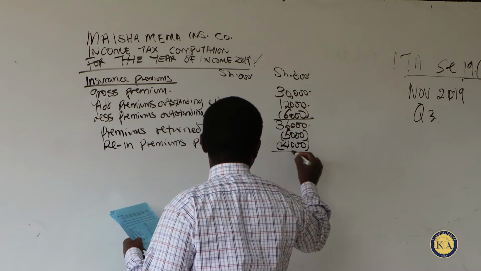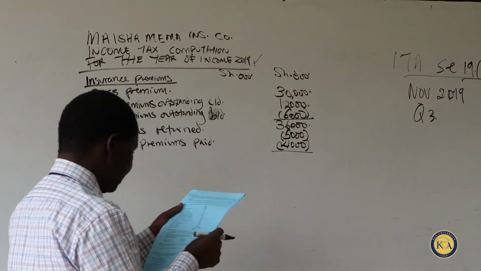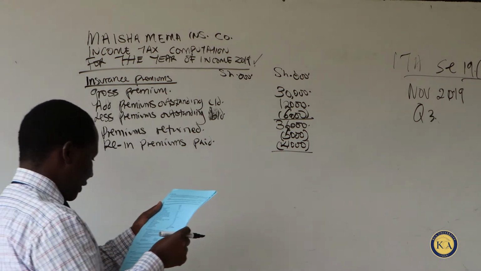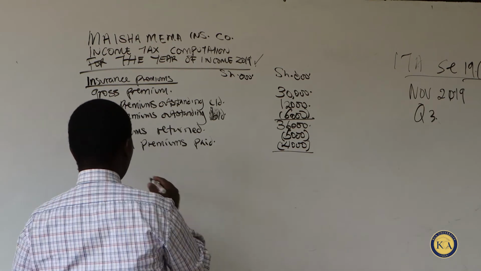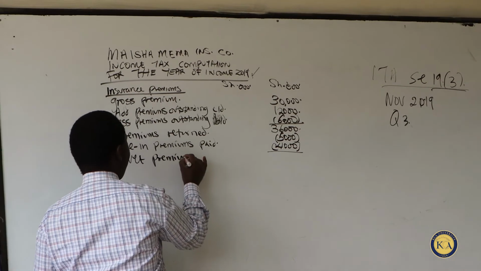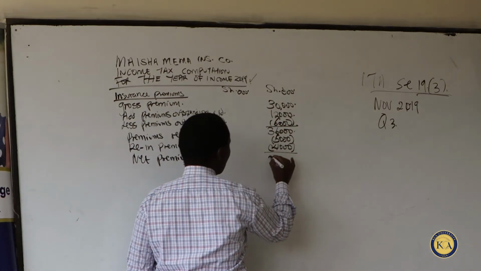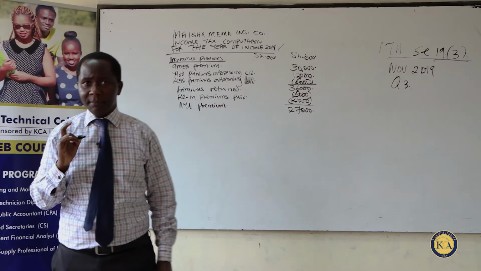So we are lessing, and we get down here our net premium income. There's no other adjustment for premiums, so we get our net premium, which is going to be 27,000, our net premium income.